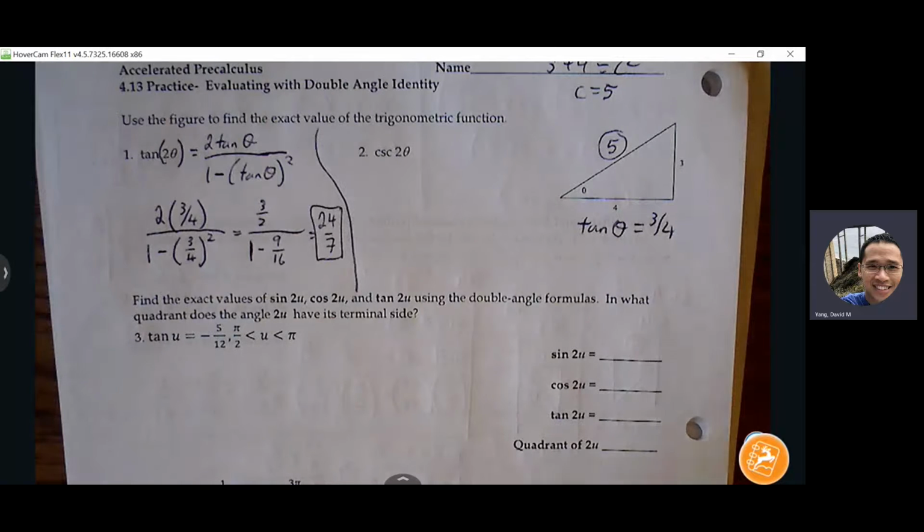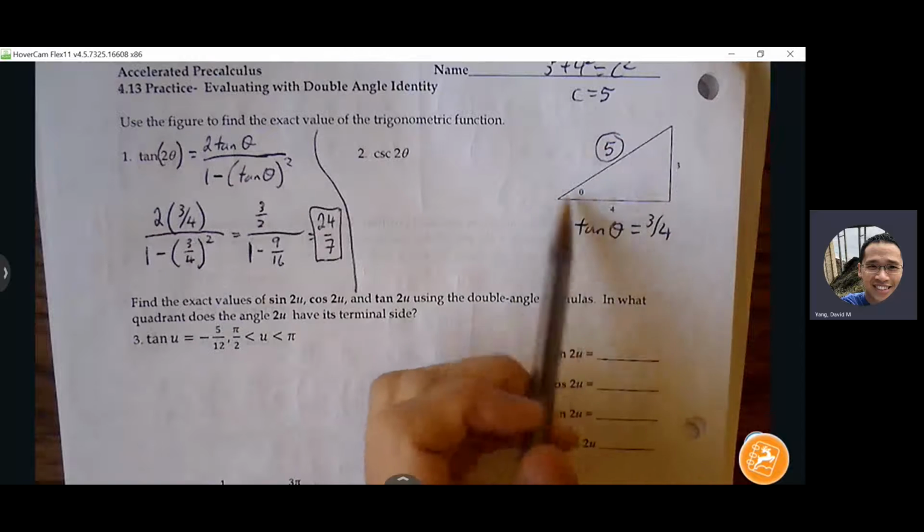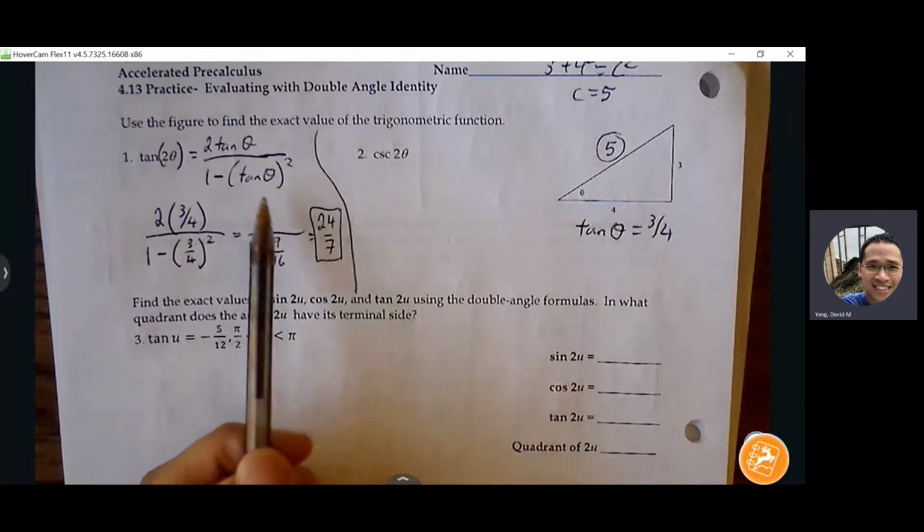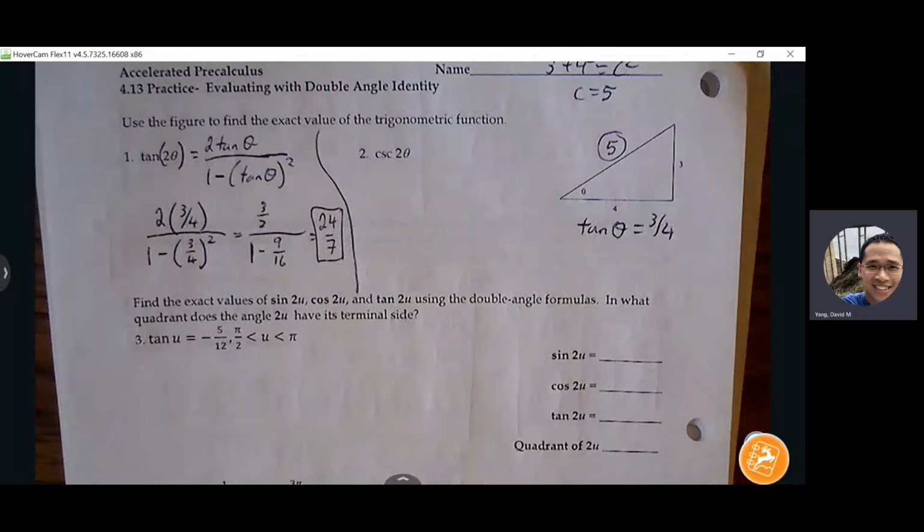So that's basically what we're doing for the entire page here, just filling out the triangle, identifying all the sides, and then we can replace every tangent theta, sine theta, cosine theta with ratios that we find from the triangle.